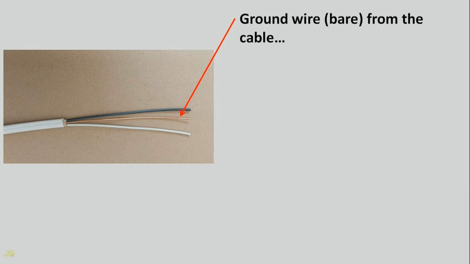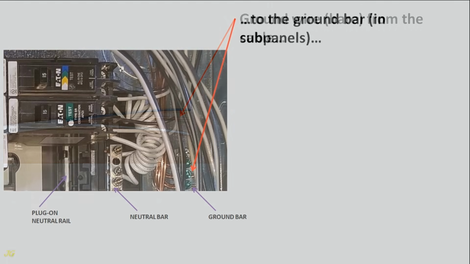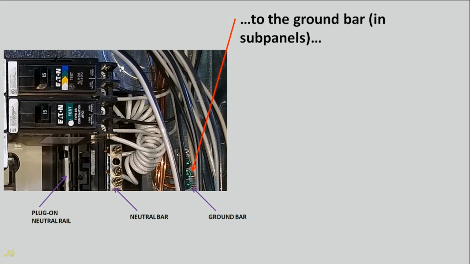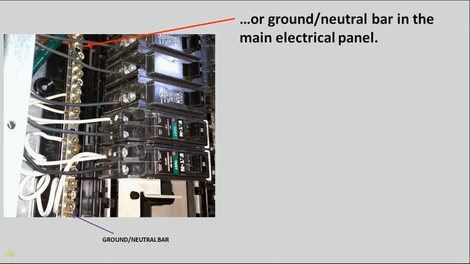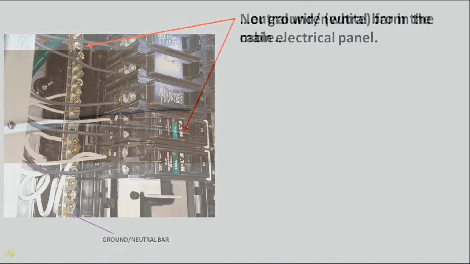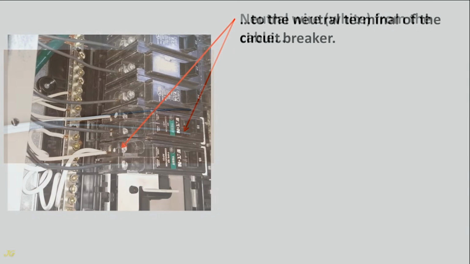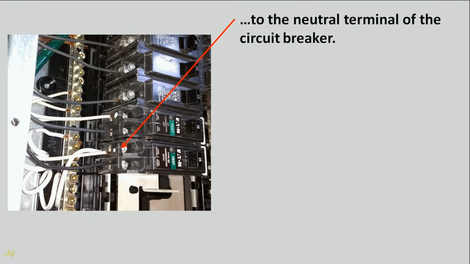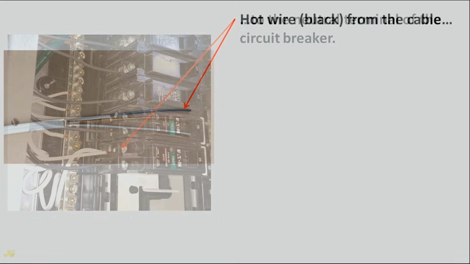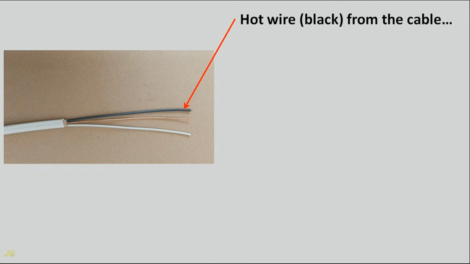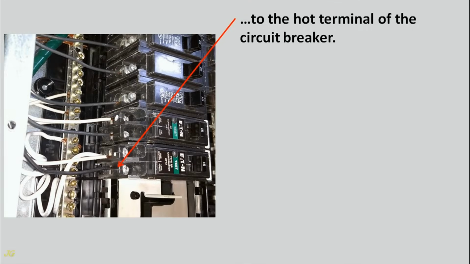Ground wire, bare, from the cable to the ground bar in subpanels, or ground neutral bar in the main electrical panel. Neutral wire, white, from the cable to the neutral terminal of the circuit breaker. Hot wire, black, from the cable to the hot terminal of the circuit breaker.